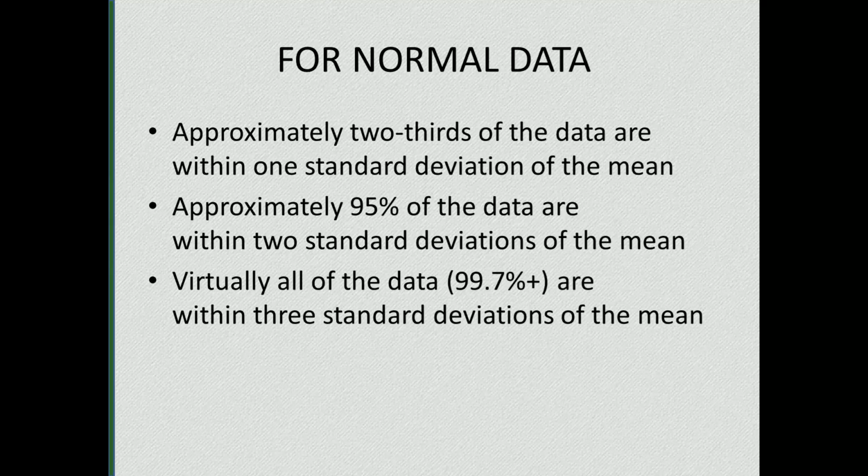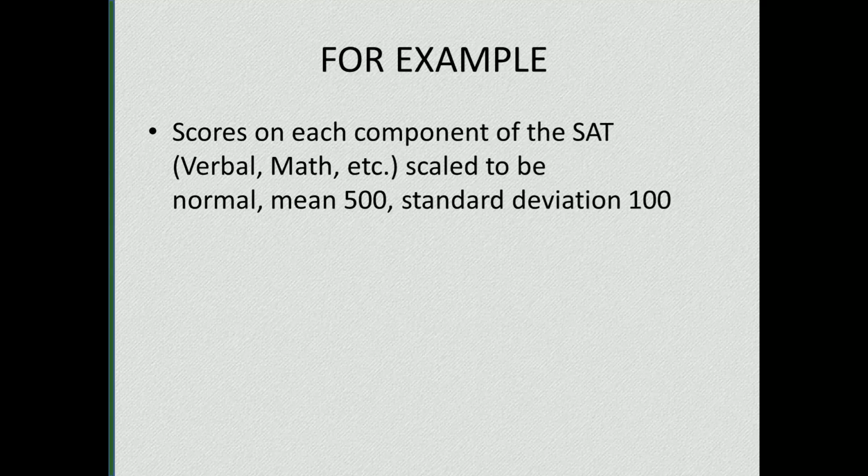Let's see how they work out in practice. The people who put the SAT together deliberately designed the test so the scores on it are scaled to follow a normal distribution. An average score on an SAT math, say, is 500, and the standard deviation is 100 points.